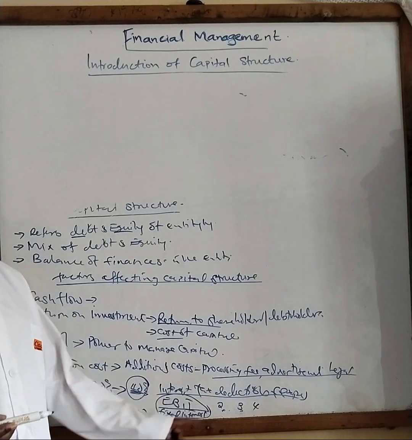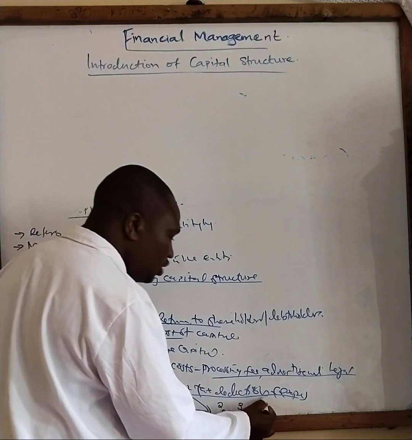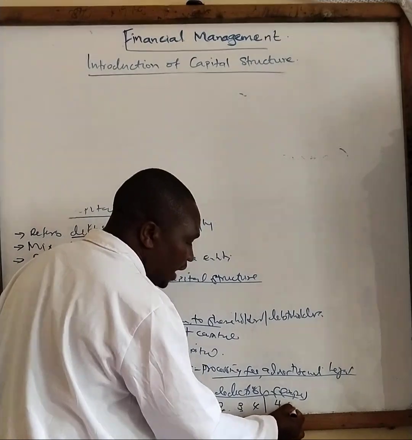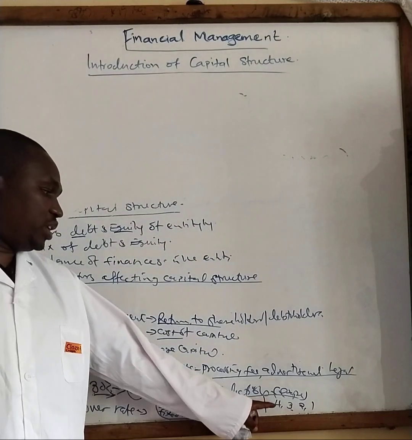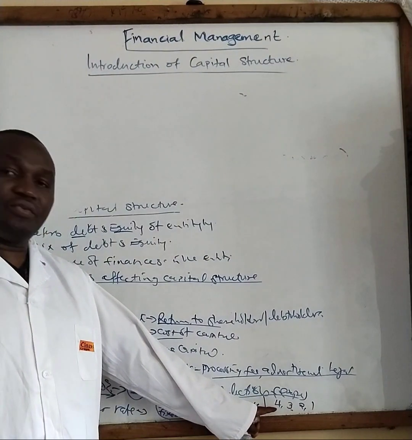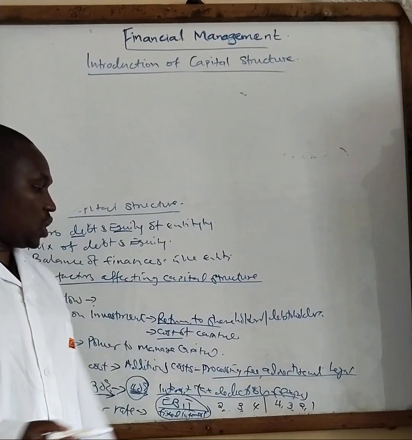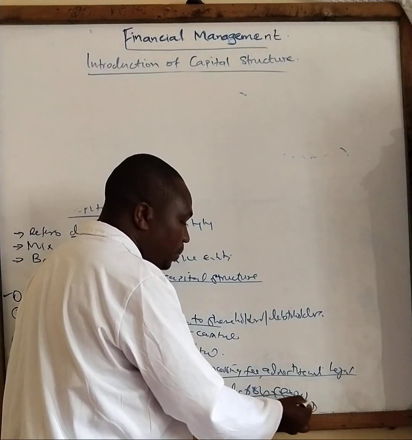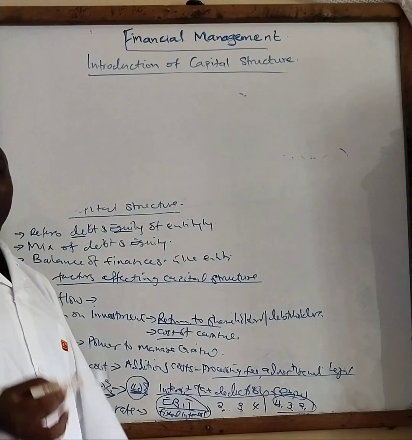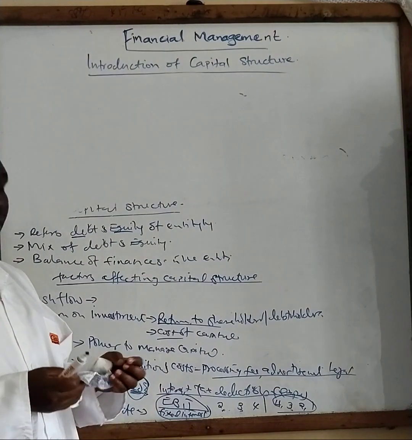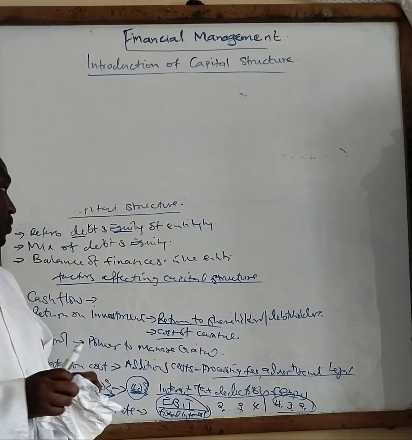But if you find a scenario where it is decreasing, as a finance manager, do not advise the organization to apply for the loan. Why? Because the number of times that earnings before interest and tax can cover the loan keeps decreasing, which means there will be a lot of uncertainties in the future.